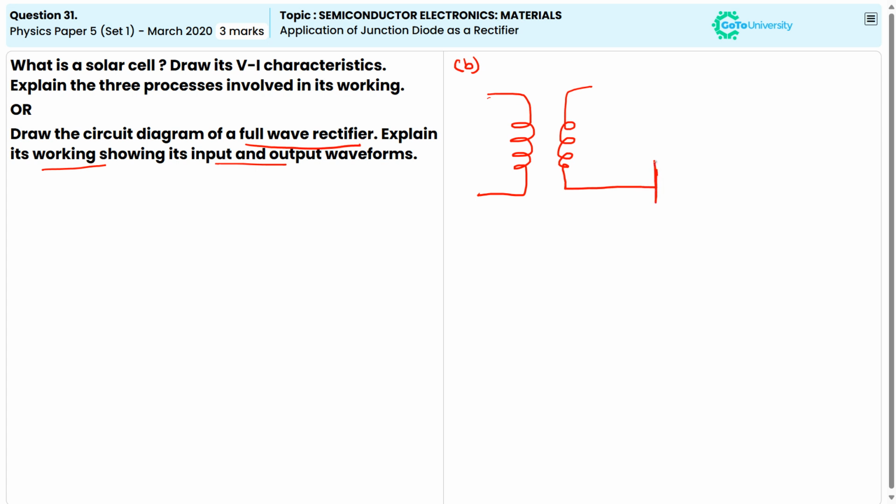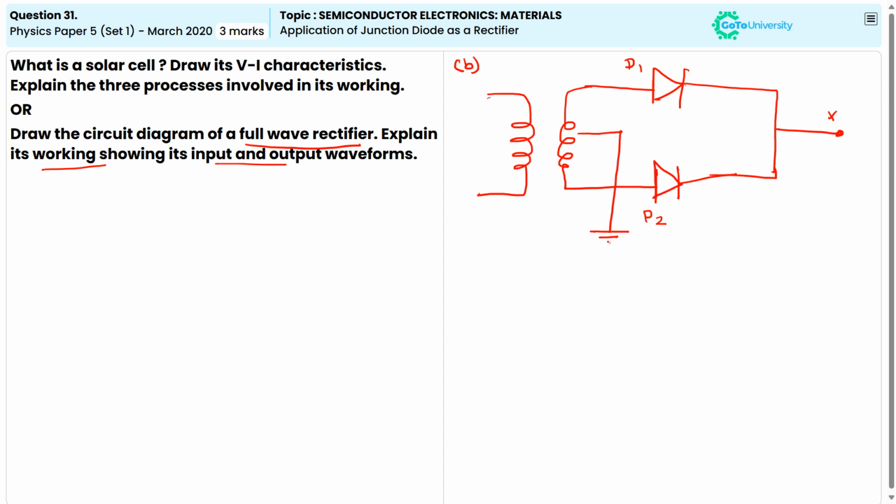Then we have diodes, and we have one more diode here. Let us call these D1 and D2. Now we have the output unit.